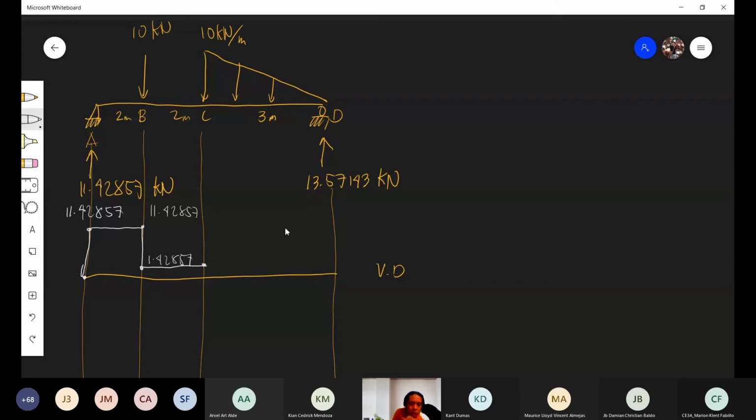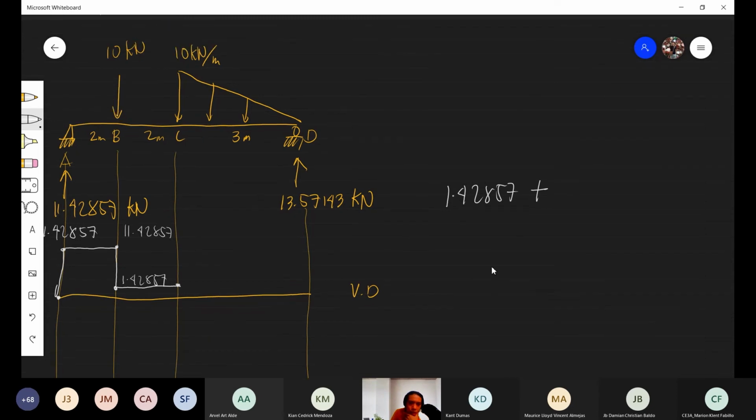So we expect a curve in the shear diagram. Let's solve the value of the shear. You take the previous point, 1.42857, and add the area of the load diagram between C and D. That is downward, so negative: one half times 3, the base, times the height, negative 10.